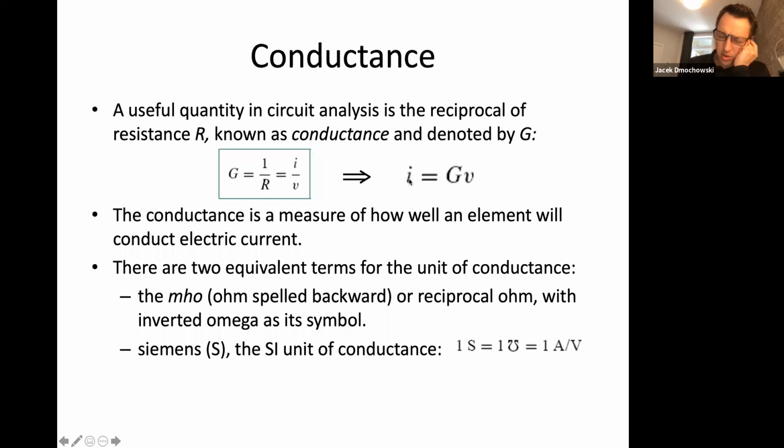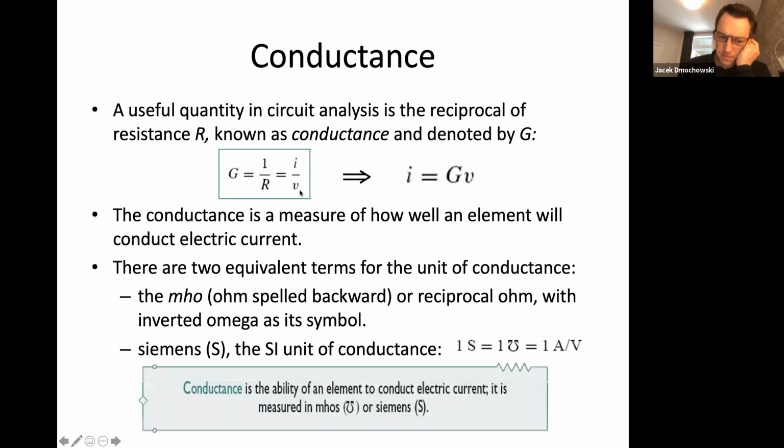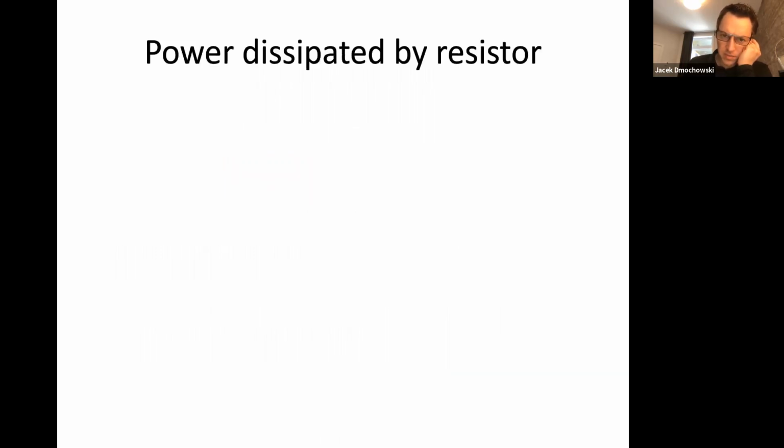Nothing really difficult here. 1 over the resistance is called the conductance, which is the ratio of current to voltage. It's just the reciprocal of resistance.